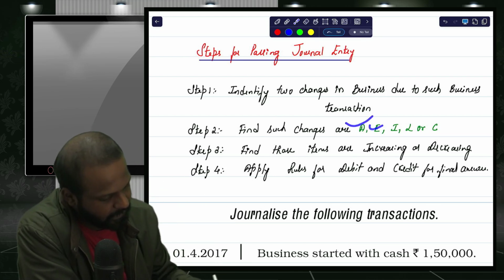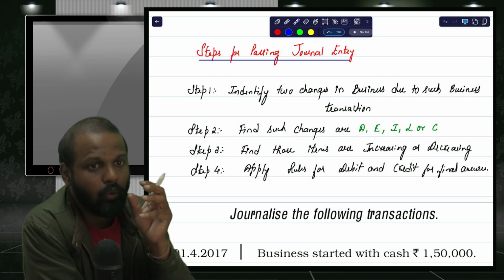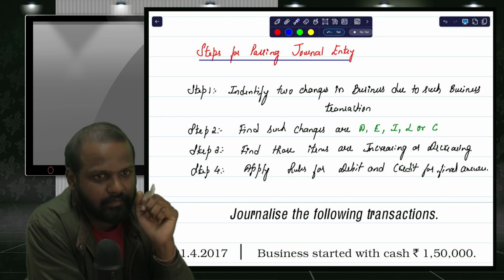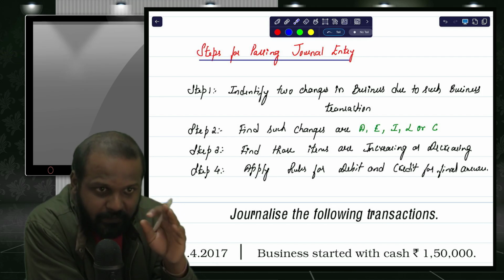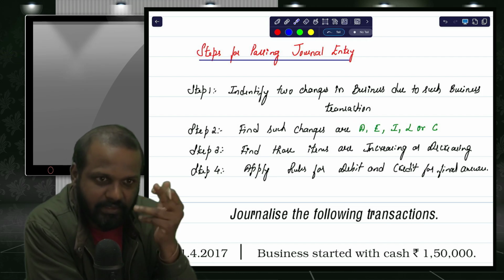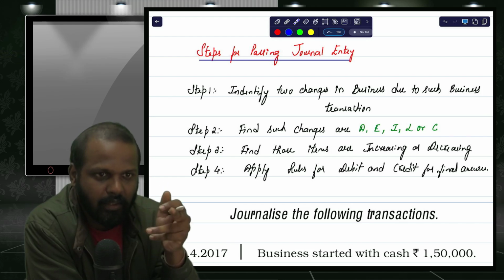Is it an asset, expense, income, liability, or capital? We know cash is an asset. Be careful. Let cash go out of the business or come into the business, doesn't matter. Cash is always an asset only. Furniture, let it go out or come in, it's an asset only. Machinery, let it go out or come in, increase or decrease, it's always an asset.